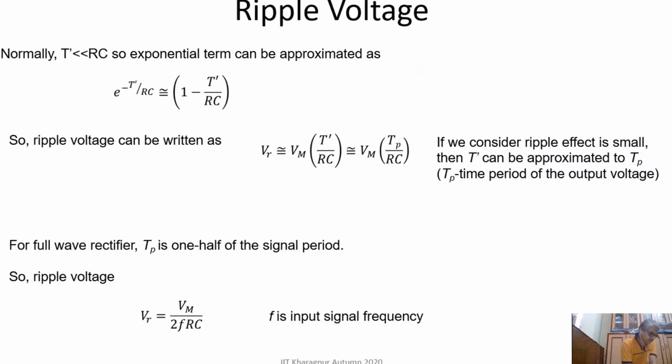This is the expression for ripple voltage, and we showed in the last class that if we increase C or increase R, the ripple voltage will decrease, and it will also decrease if we increase the frequency of the input signal.